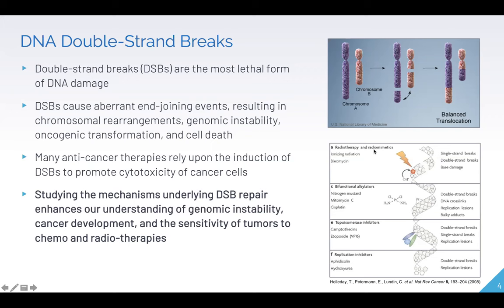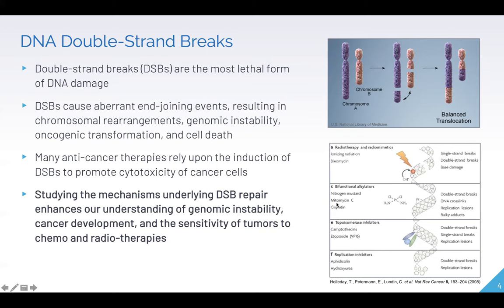Radiotherapy as well as radiomimetic compounds can induce many double-strand breaks in the genome that are likely to be cytotoxic to cancer cells, of course, depending on the dose and the frequency at which ionizing radiation is being inflicted. And this is how radiotherapy is very effective. In fact, radiotherapy is still the most effective single agent that's dedicated to the killing of cancer cells.